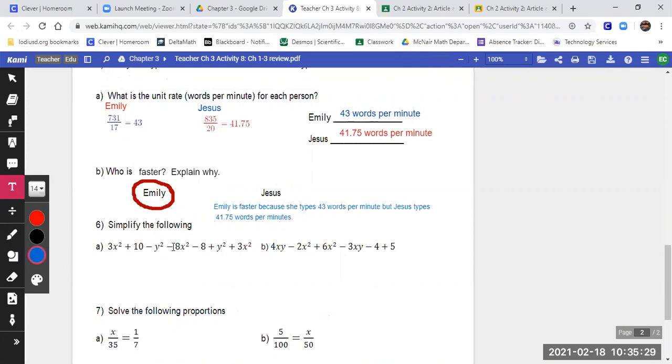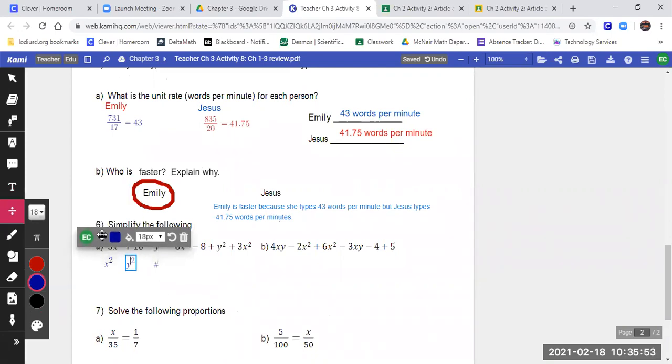I'm looking through here. I see X's and I see Y's, X squareds, Y squareds, and numbers. I don't see any regular X's. I don't see any regular Y's. So I'm only going to be putting together X to the second power, Y to the second power, and number, because those are the only three things that are showing up in my question.